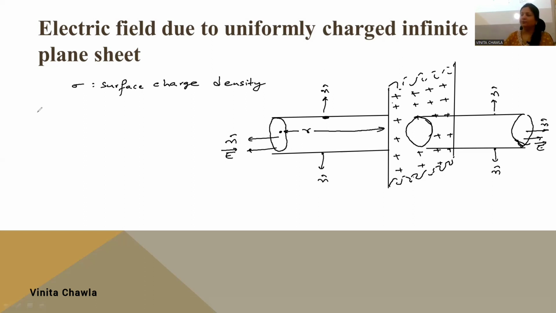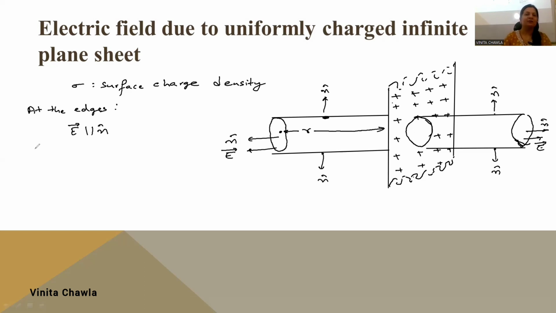So at the edges, this electric field is parallel to the area vector. Both the electric field intensity and the area vector are pointing in the same direction. At the edges, they both are pointing in the same direction.